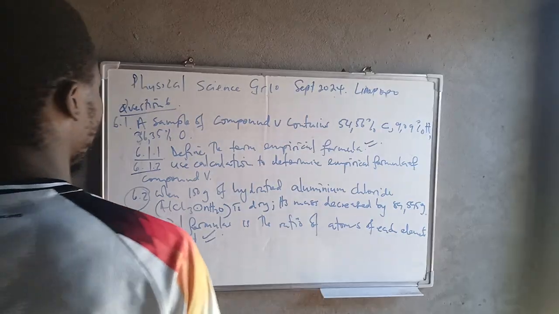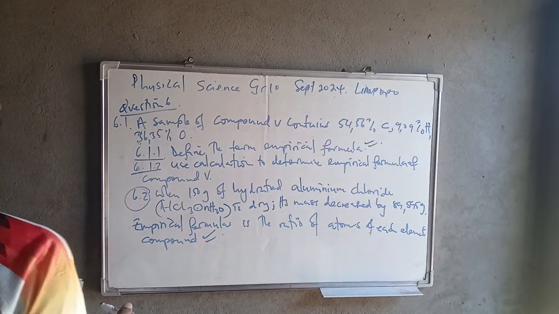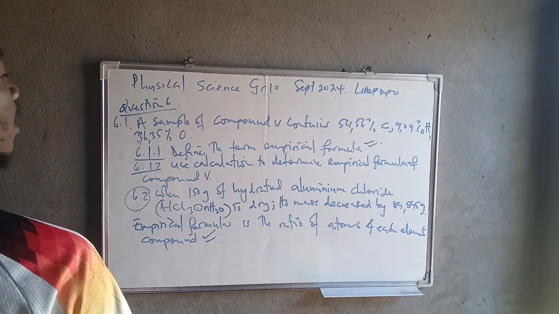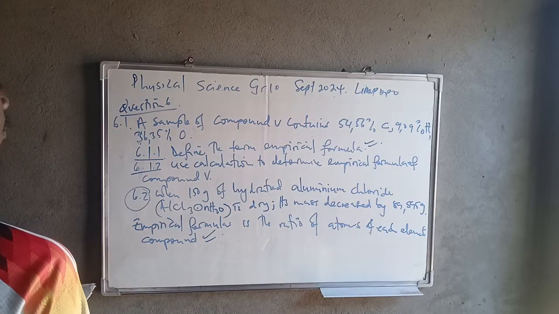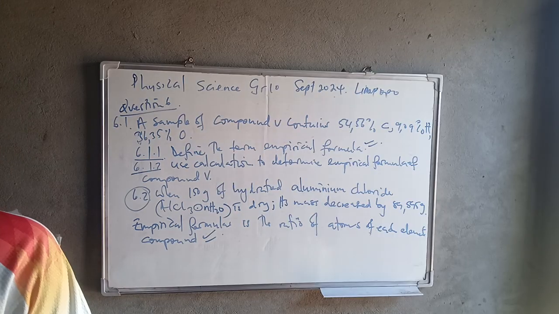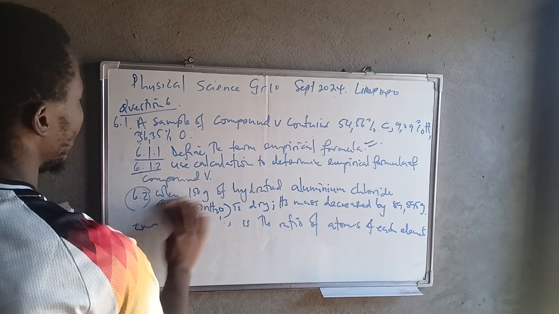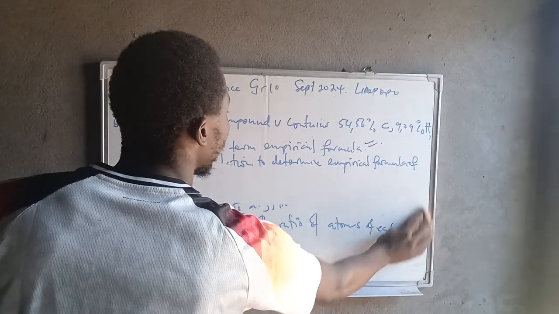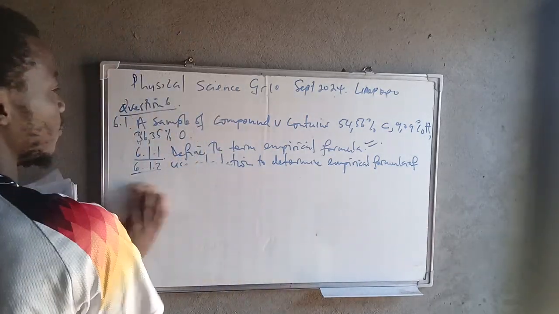This is what we call the empirical formula. And then use calculation to determine the empirical formula of compound V. So now let's go to where we have to determine the empirical formula of compound V.